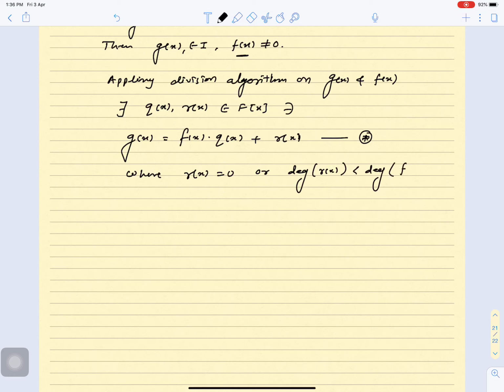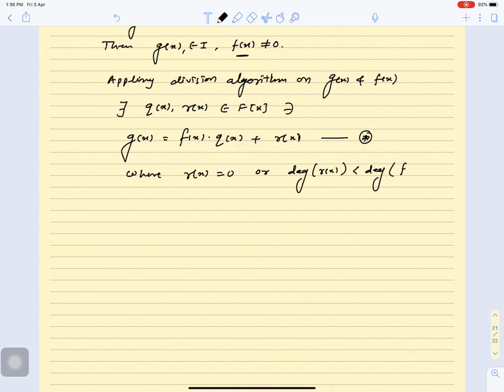Then the degree of r(x) will be strictly less than the degree of f(x), and it is k.